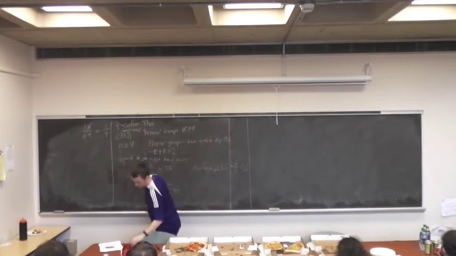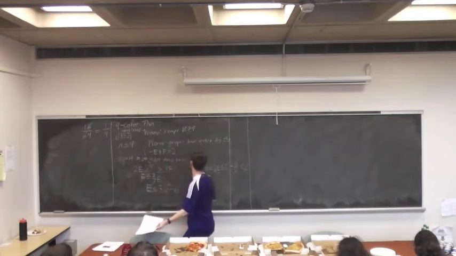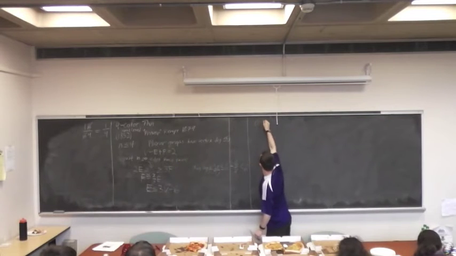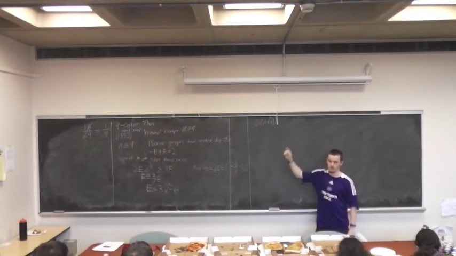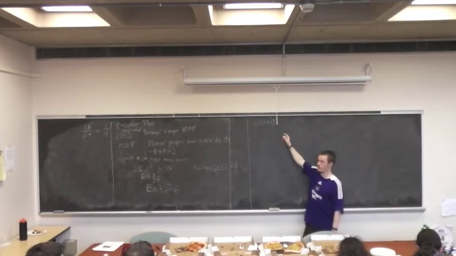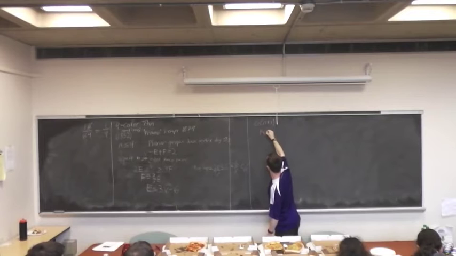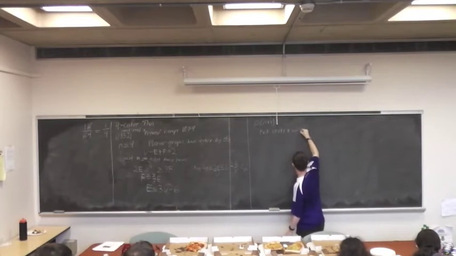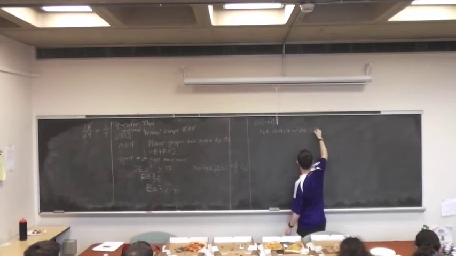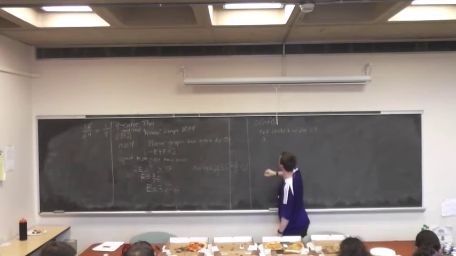Alrighty. So, suppose we have a planar graph on n plus 1 vertices. Pick the vertex of degree less than or equal to 5. Just call that vertex x.